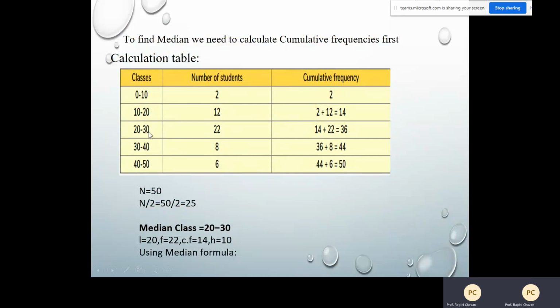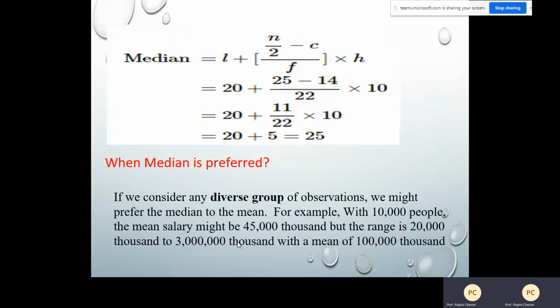Class width is the difference between upper and lower limit, so it is 30 minus 20, which is 10 in this case. So we have all the values of the median formula. We put them in and we get the value of the median as 25. In this way we can find the median for a grouped frequency distribution.